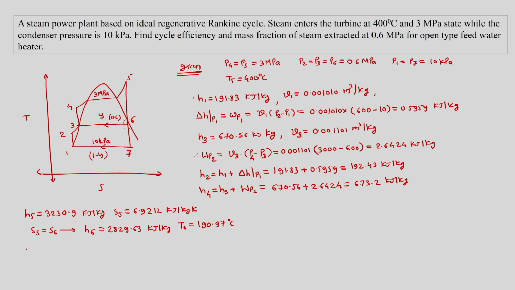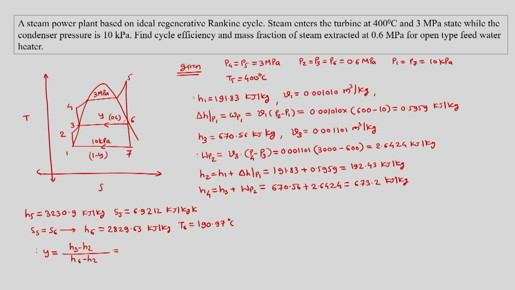Then we have everything necessary to find the mass fraction. We can now directly use the formula Y is equal to H3 minus H2 divided by H6 minus H2.